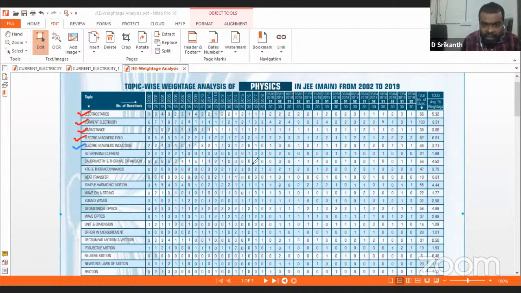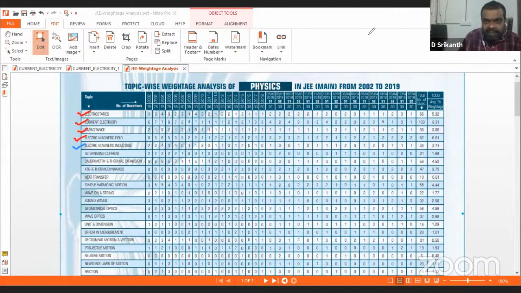Calorimetry, you can see, is also of less importance. KTG and thermodynamics: before 2011 they didn't ask, but after 2011 they are asking every time, even in the 2020 September session, in every session they asked.